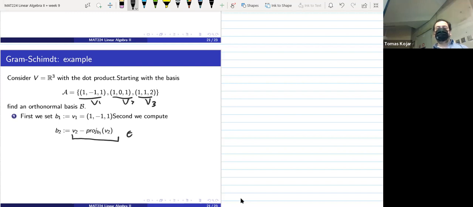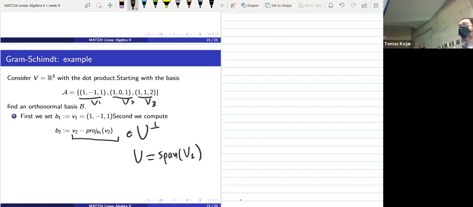Where does this element belong? In what subspace? It belongs into some U perp. Sure, yeah. So into the span of, yeah.